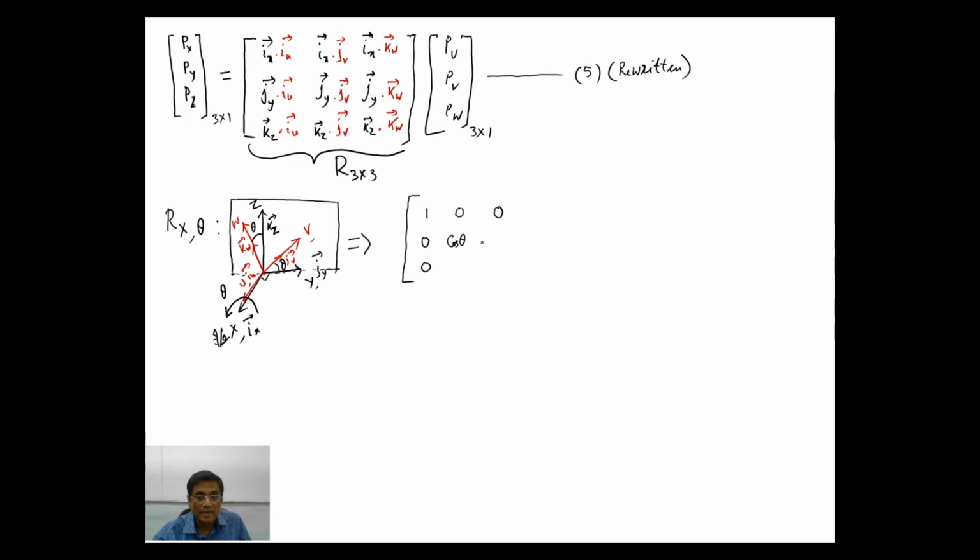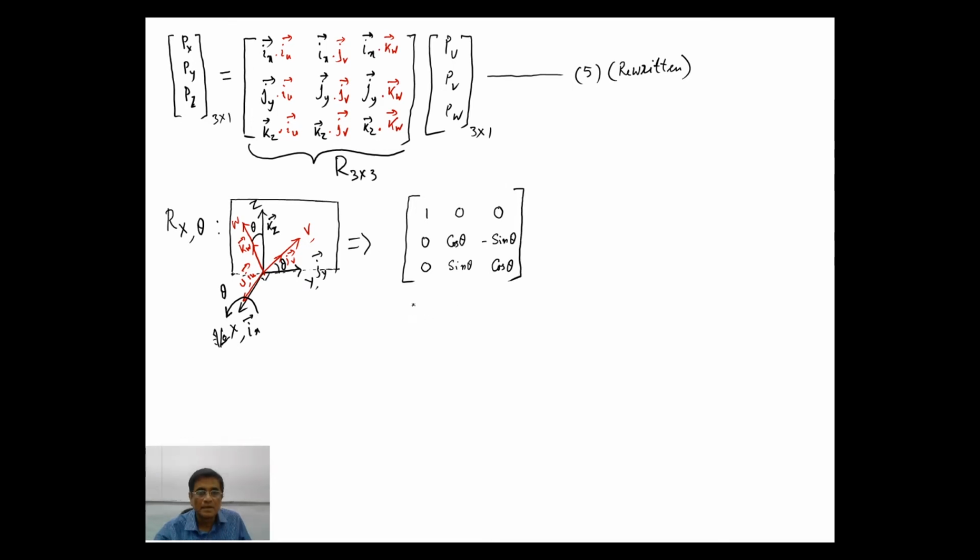So minus sin theta, clear. And then you see kz dot jv, kz is here, jv is here. So this is the angle 90 minus theta, cos 90 minus theta is sin theta, and then kz dot kw, angle between them is theta. So cosine theta.